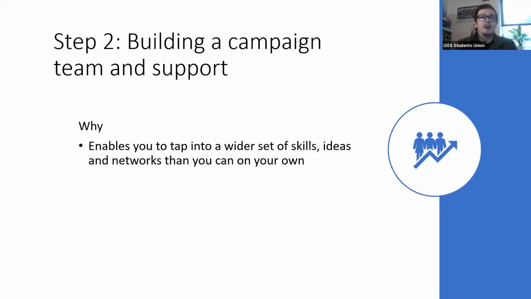You might have lots of great ideas for campaigning, but there are always going to be things you haven't thought about, or reasons why something you've come up with won't work, or a better way to do it that you've just not thought about. The more students on your campaign team and the more students you've talked these ideas through with, the better your campaigns are going to be.